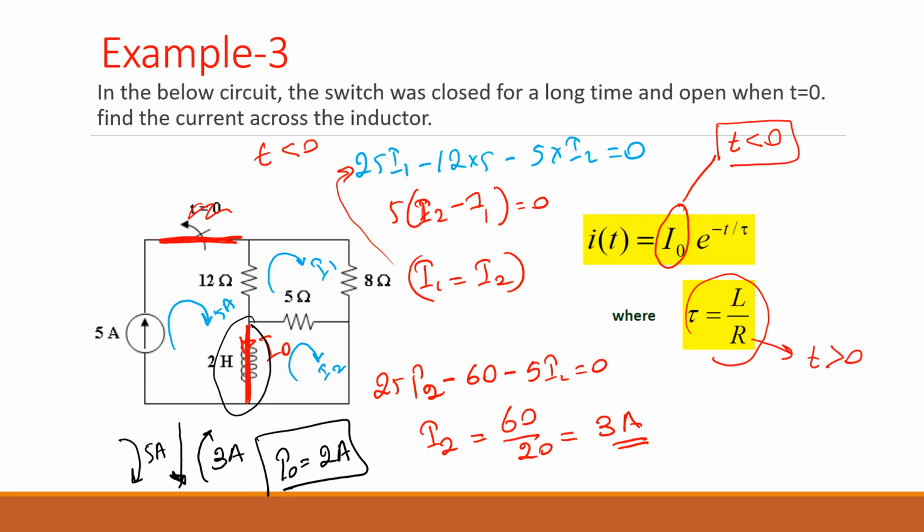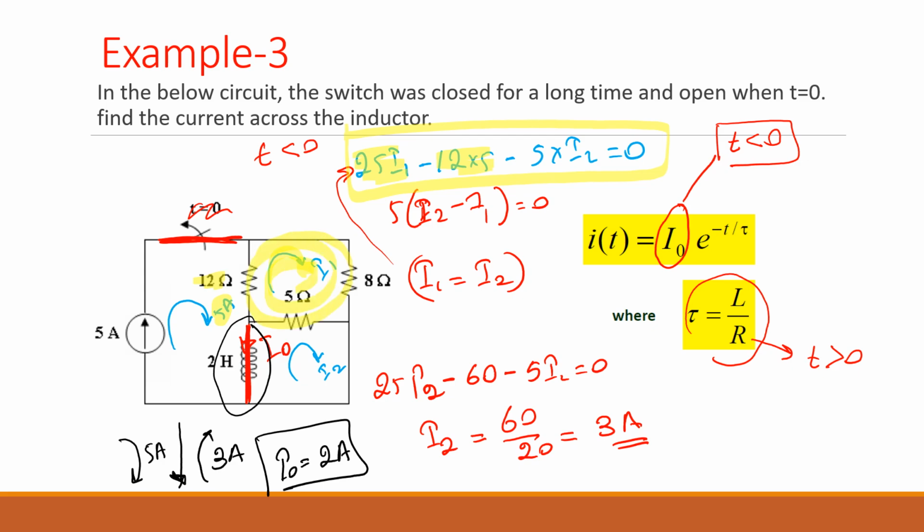So I have applied the mesh to this one. So we have 25I1 minus 12 times 5, because 12 times 5 amps, minus 5 times I2 is equals to 0. So are you okay with this mesh current equation for mesh 1, which is this one?